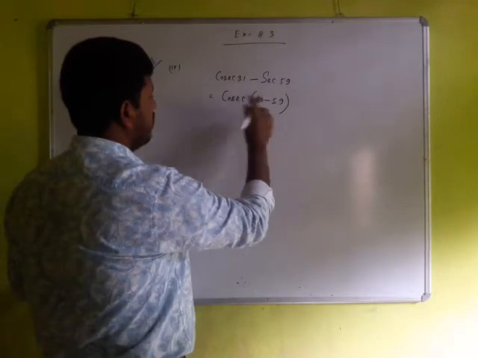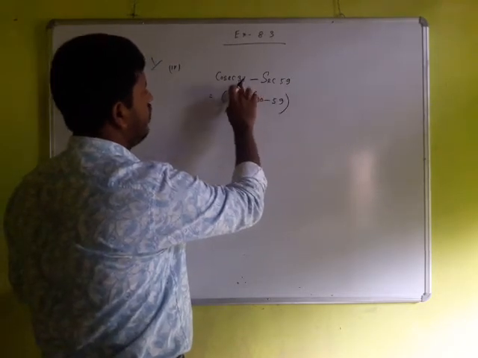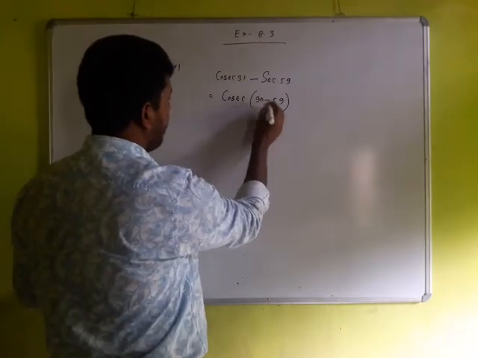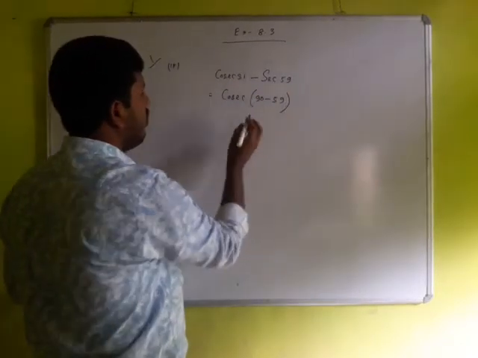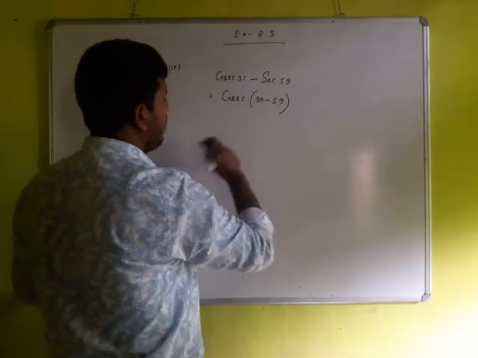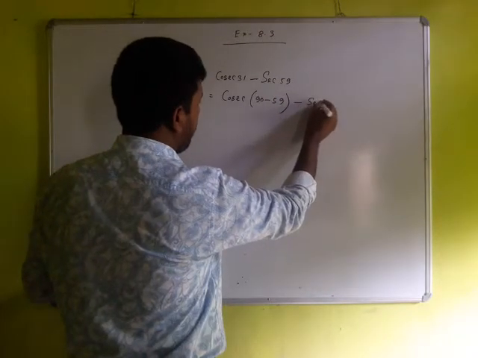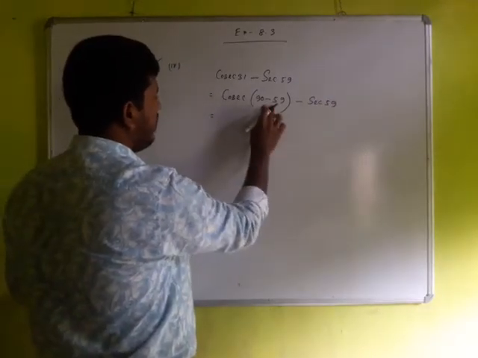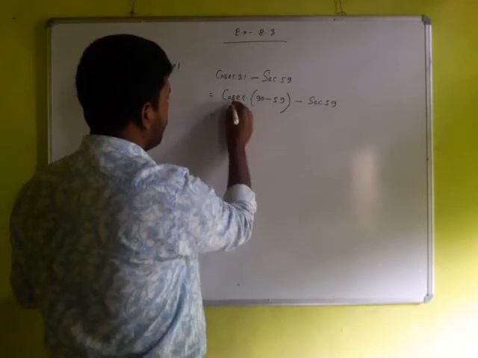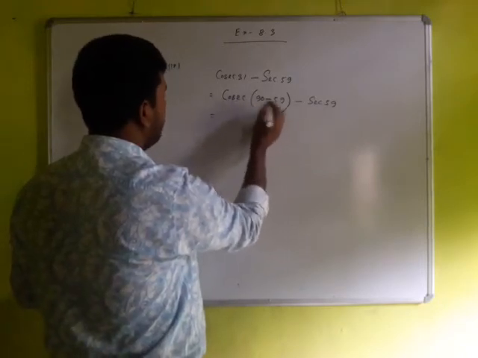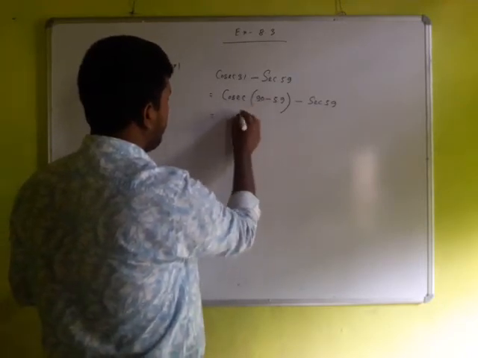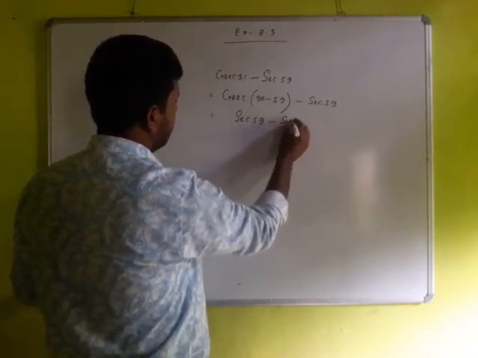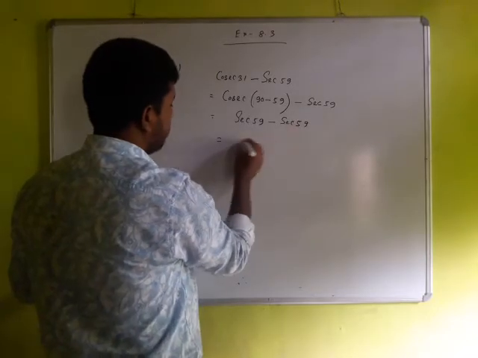Change either 59 or 31, not both. So cosec 31 will be cosec(90 minus 59), as the complementary angle of 31 is 59. Sec 59 will remain the same. Taking the formula cosec(90 minus theta) is sec theta, cosec(90 minus 59) will be sec 59. Sec 59 minus sec 59 will be 0.